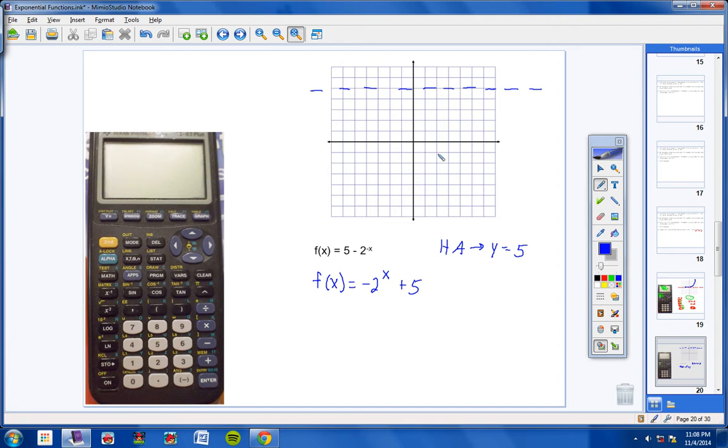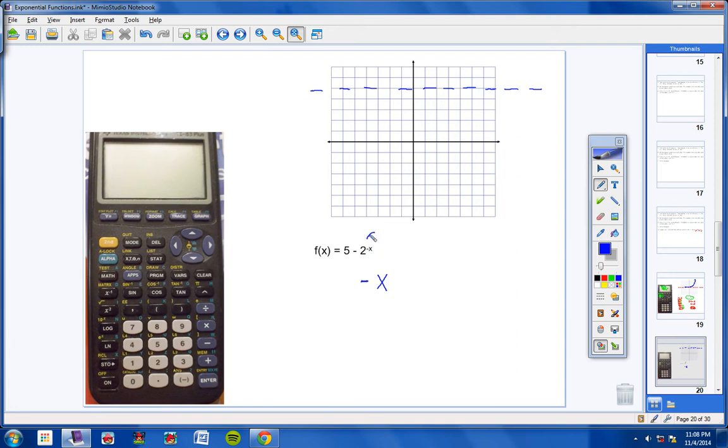Okay? Now step 2 says to take your exponent, set it equal to 0 and solve. So your exponent is -x. Now students, if you can't see that on the screen, there is a negative sign right here with the x, okay?